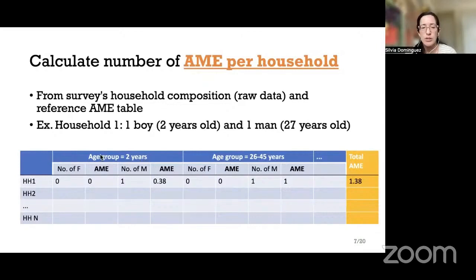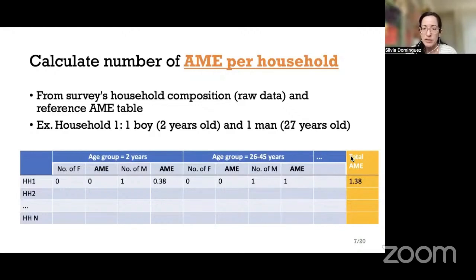So this is going to be a very simple one where we again have a 2-year-old boy and 1 adult male. Okay, keep in mind these are simplified examples. So if we use the adult male equivalent from the previous slides, 2,600, this represents 0.38 for the boy and 1 for the adult male.